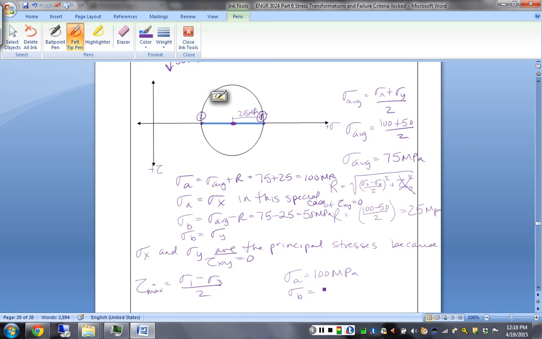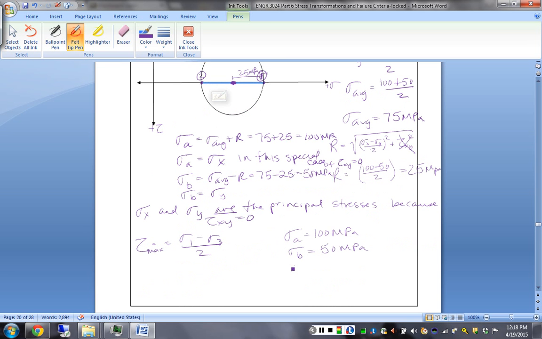Sigma B, excuse me, is 50, and our sigma C is always 0 for the cases we'll consider in here. And so if we reorder them, they simply stay in that same order because both principal stresses are positive numbers. So our max shear is 100 minus 0 over 2. Ends up being 50 megapascal.